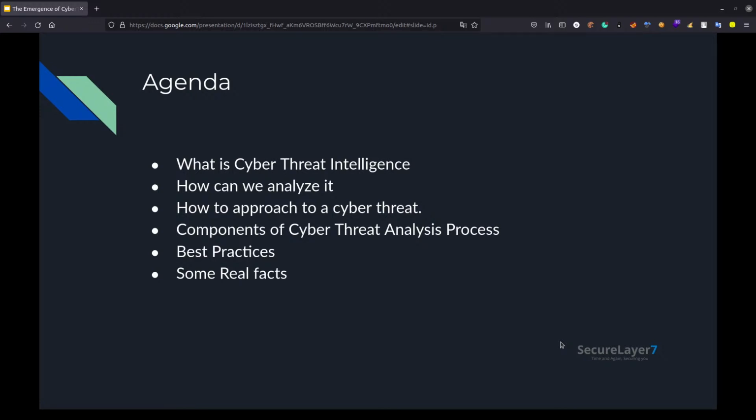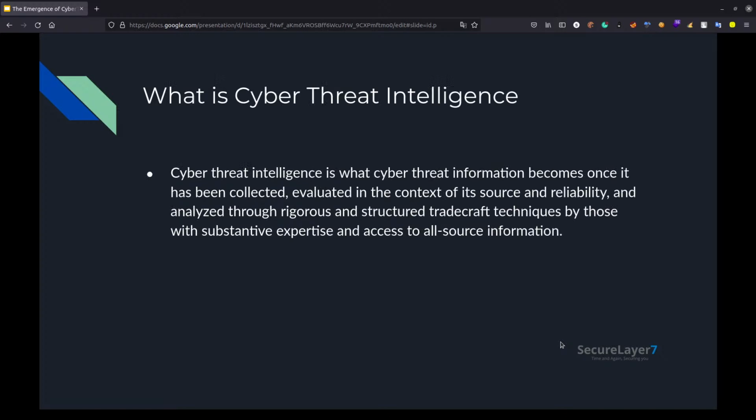So let's get started. Ever got a question, what is cyber threat intelligence? Let me simplify for you. Cyber threat intelligence is what cyber threat information becomes once it has been collected, evaluated in the context of its source and reliability, and analyzed through rigorous and structured tradecraft techniques by those with substantive expertise and access to all source information.